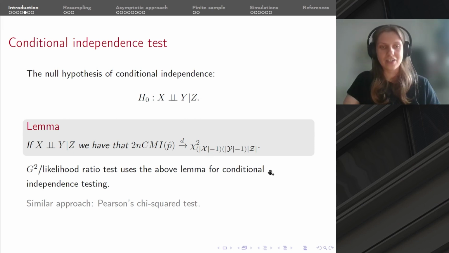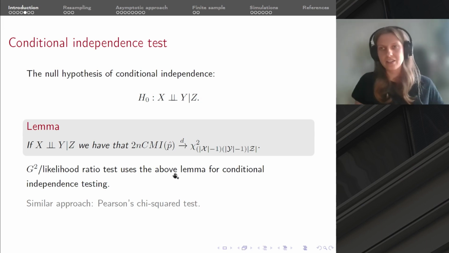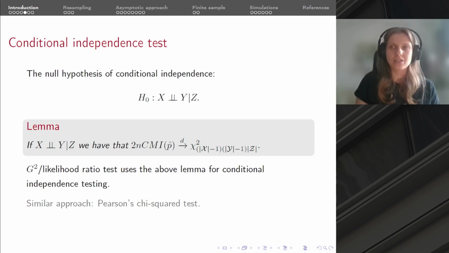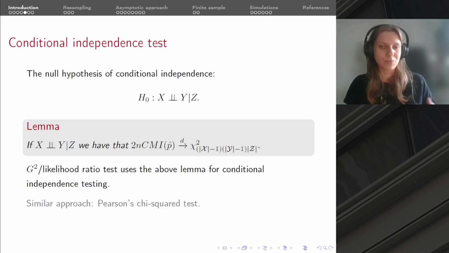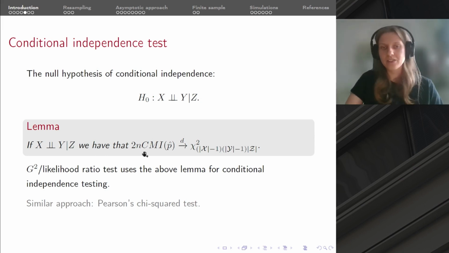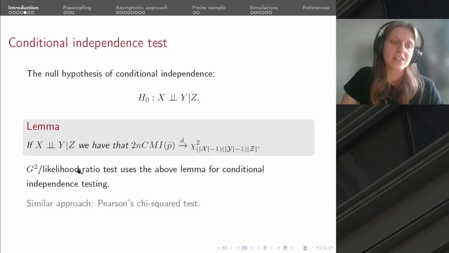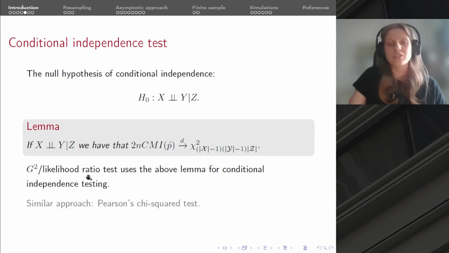It resembles the Pearson chi-square test, and that is a good intuition, because it is basically a very similar test. The asymptotic distribution is the same, and asymptotically these tests are equivalent. So you may think of it as Pearson's chi-square test, in fact. And the test based on the CMI statistic is usually called the G-square test, and this is basically a likelihood ratio test.